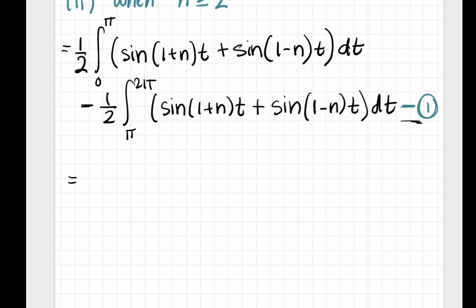Alright, so let's solve this integrand first. So we get 1/2 integration of negative n plus 1 cos (1 plus n)t.